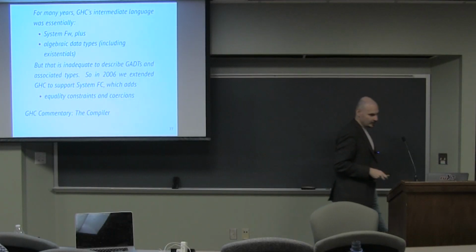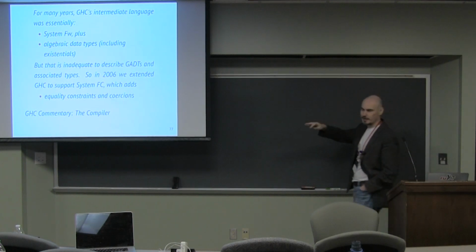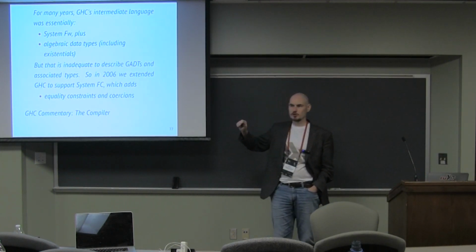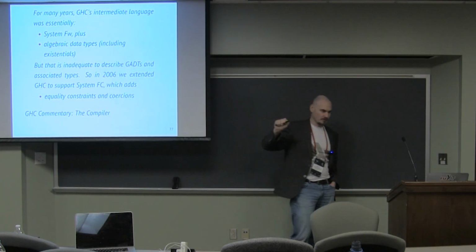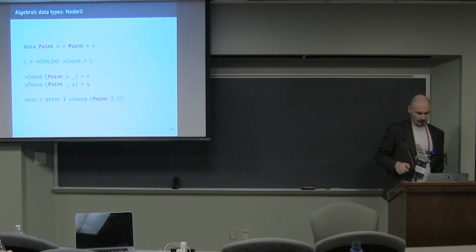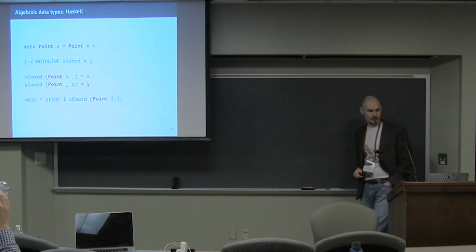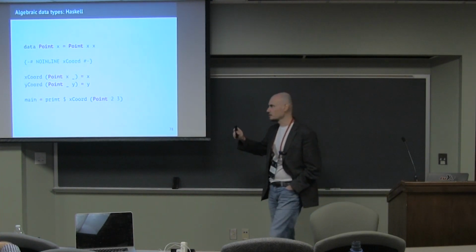This is GHC Core for many years, System F omega, which we're talking about, and algebraic data types. So I will show you a simple example of that. Let's say we have this example in Haskell with an algebraic data type. Very simple.